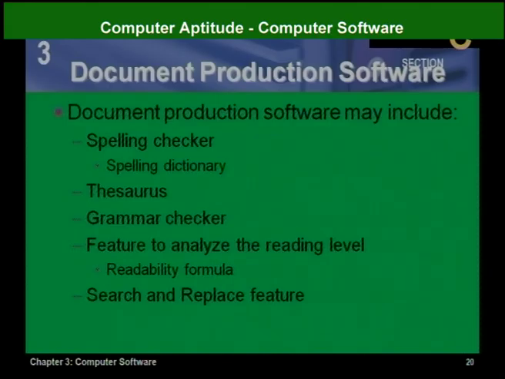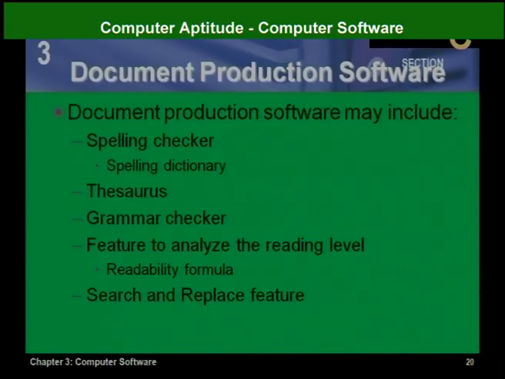Document production software may include spell check, thesaurus, grammar checks, features to analyze the reading level. When you open a Word document, you can see all those things. If you type something wrong, it suggests the spelling. That is done by one of the software.